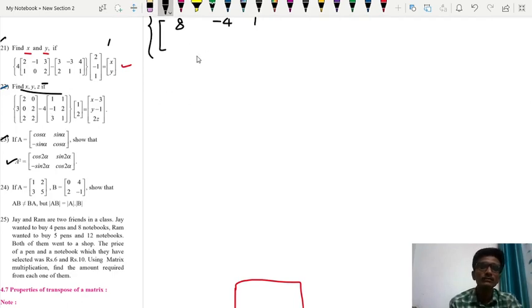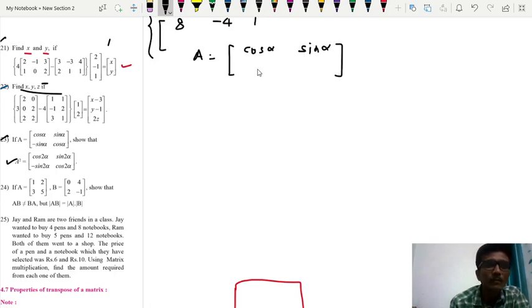A is equal to cos alpha, sin alpha, minus sin alpha and cos alpha. So you have to show that A square is equal to what?